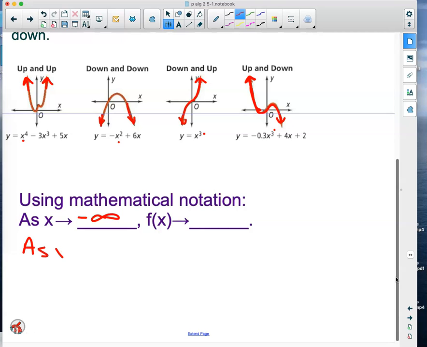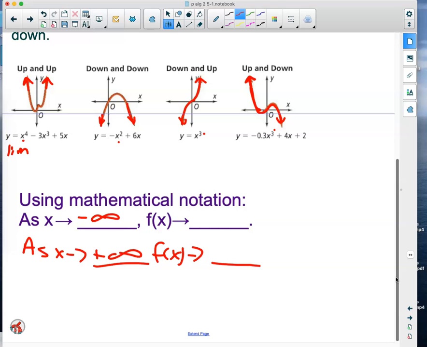And as x approaches positive infinity, f of x approaches what? So what we're doing here is showing you what you're going to use next year, but testing you on just knowing up and up, down and down, down and up, and up and down.